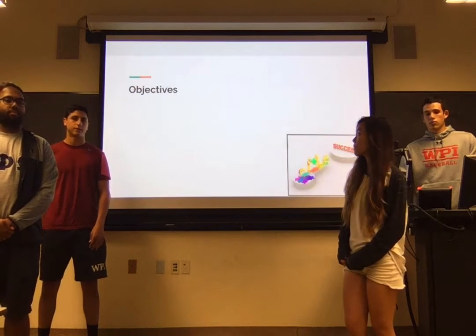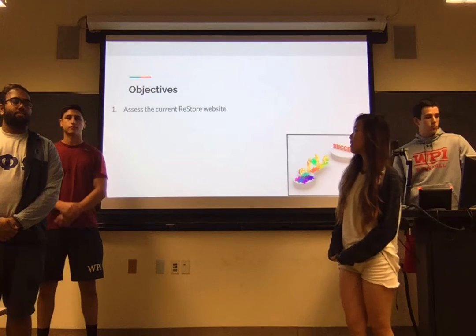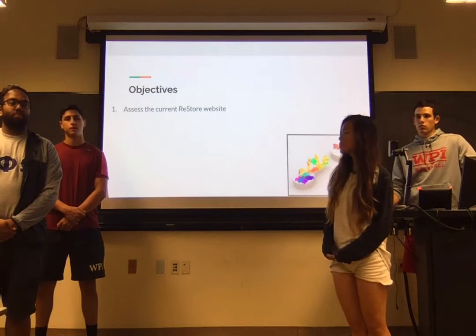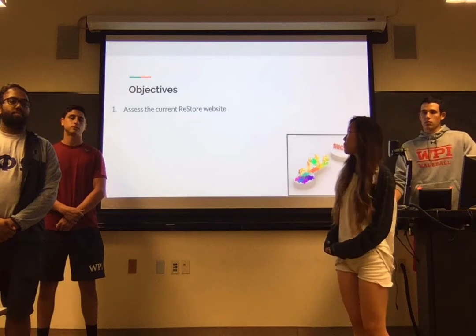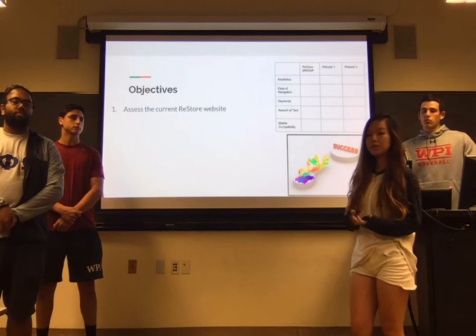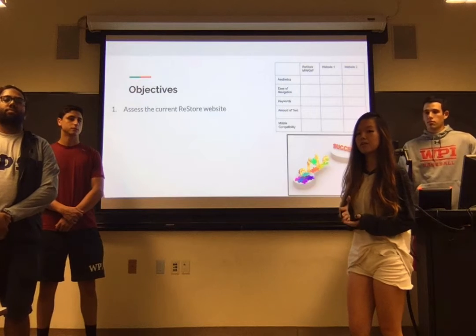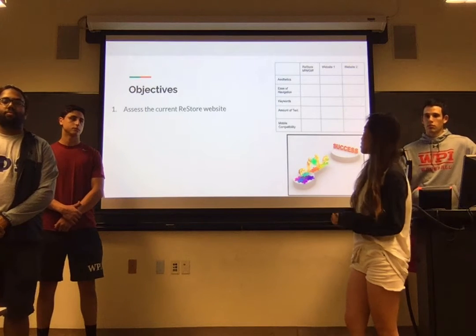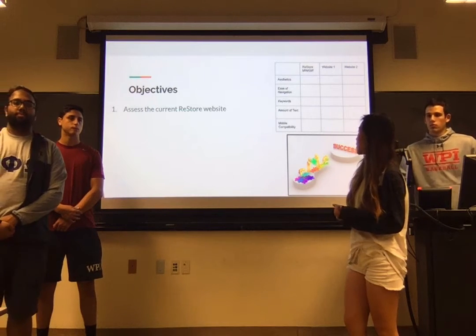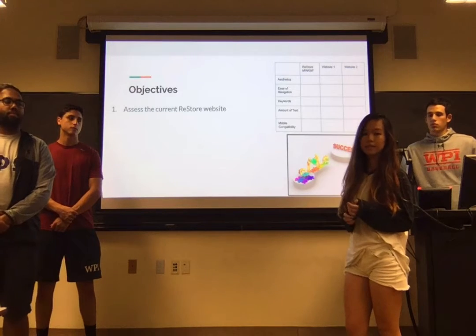So now I'll hand it off to An, who will be talking about our objectives for completing these goals. Our first objective is to assess the current Restore website. But before we start to gather data, we're going to make a rubric consisting of different characteristics of a website that we will be judging on, such as aesthetic, navigation, and the amount of text.